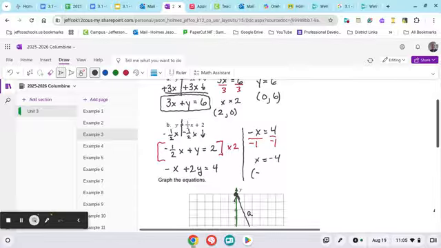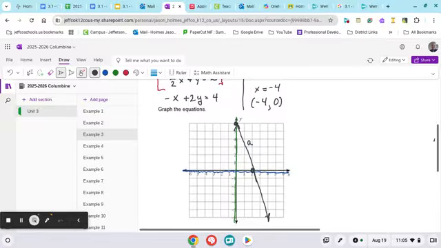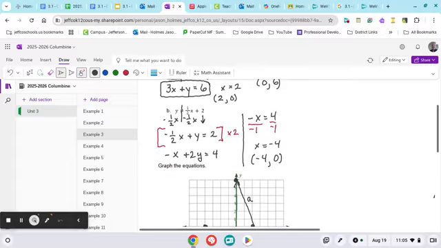And again, we have negative 4, and we let y equal 0. So that's our first point. We'll come down here to negative 4, 0. And then we'll let x equal 0. So x equals 0.